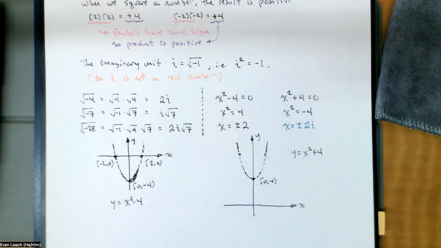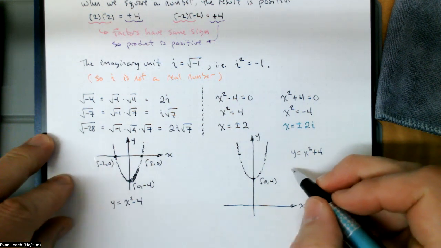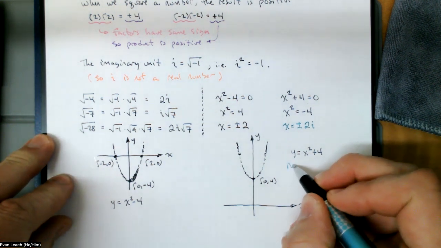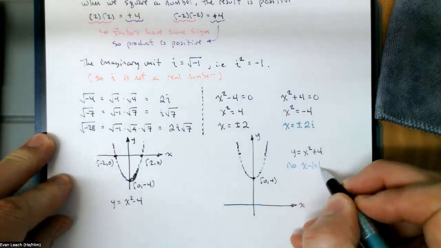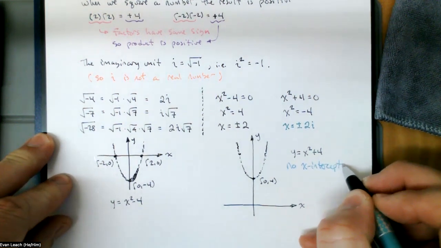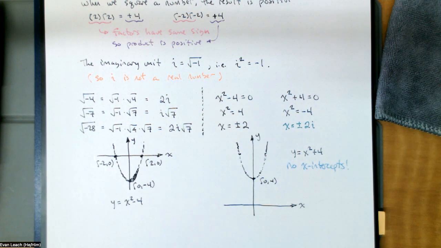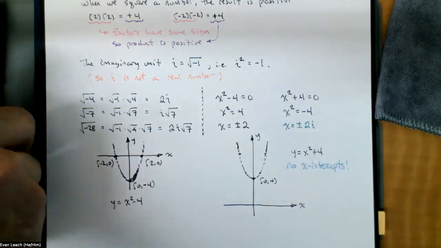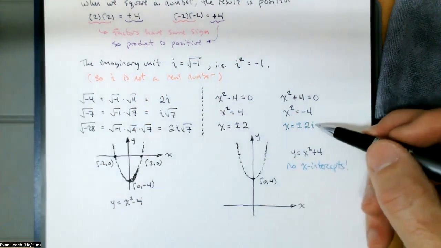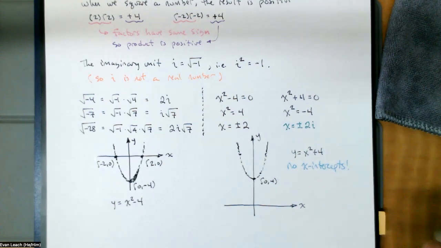So the graph of y equals x squared plus 4 has no x-intercepts, because the equation x squared plus 4 equals 0 has no real solutions, only complex solutions.